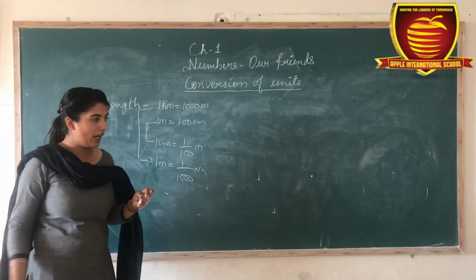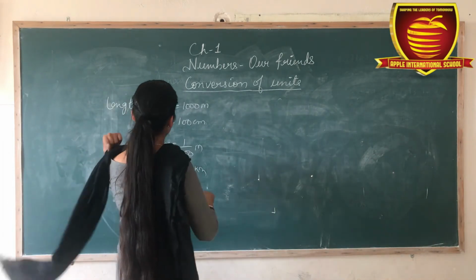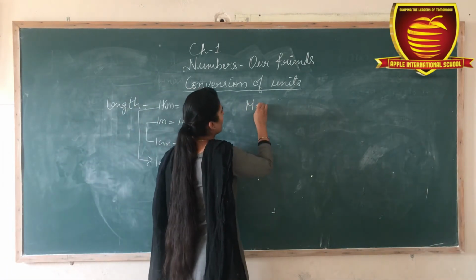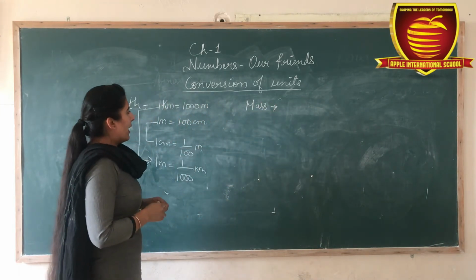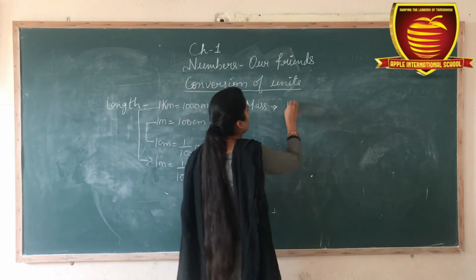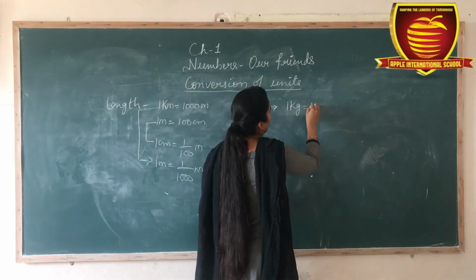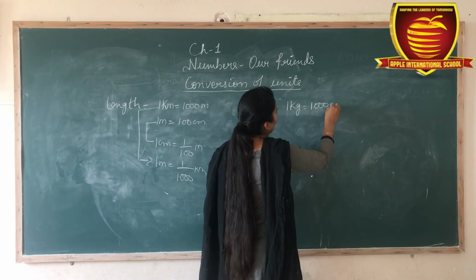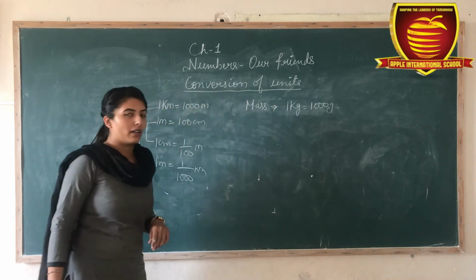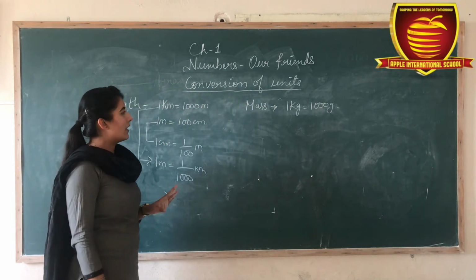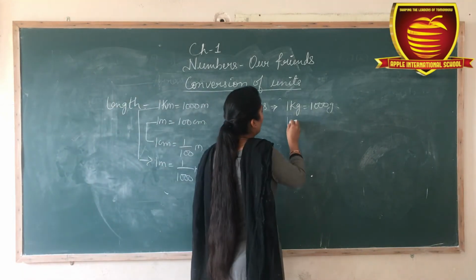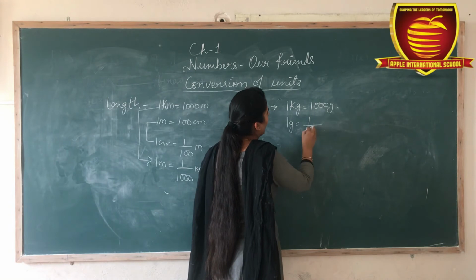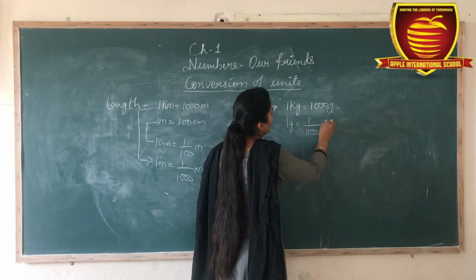Similarly in mass units, 1 kg is equal to 1000 grams. If we talk about 1 gram, then it equals 1/1000 kg.